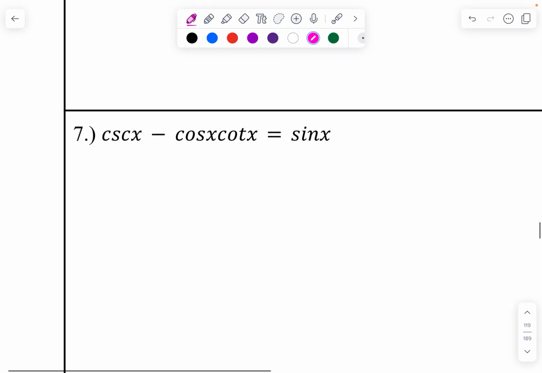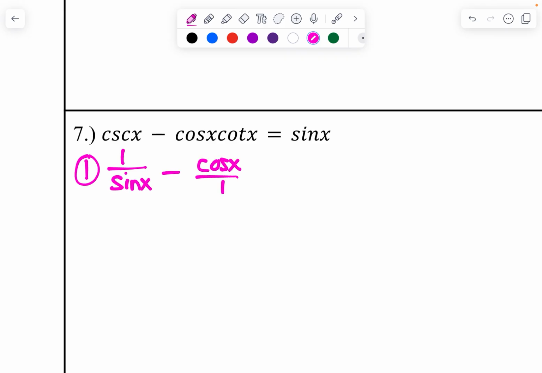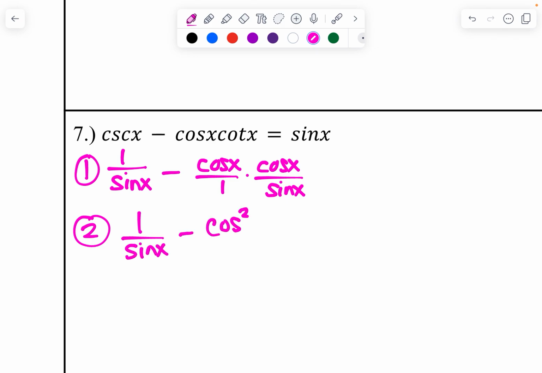All right, so number 7, let's go ahead and write this one in terms of sine and cosines as well to see where that leads us. So we've got 1 over sine of x minus cosine squared of x over sine of x.